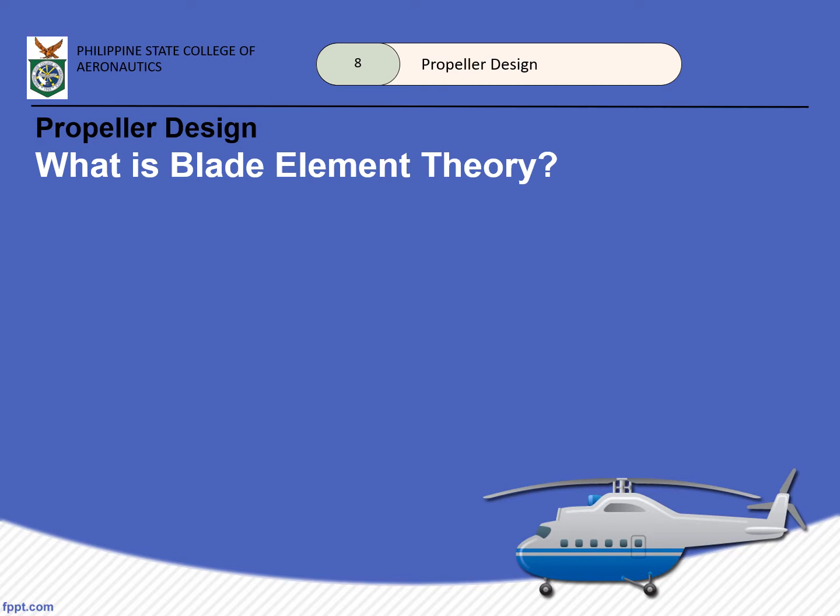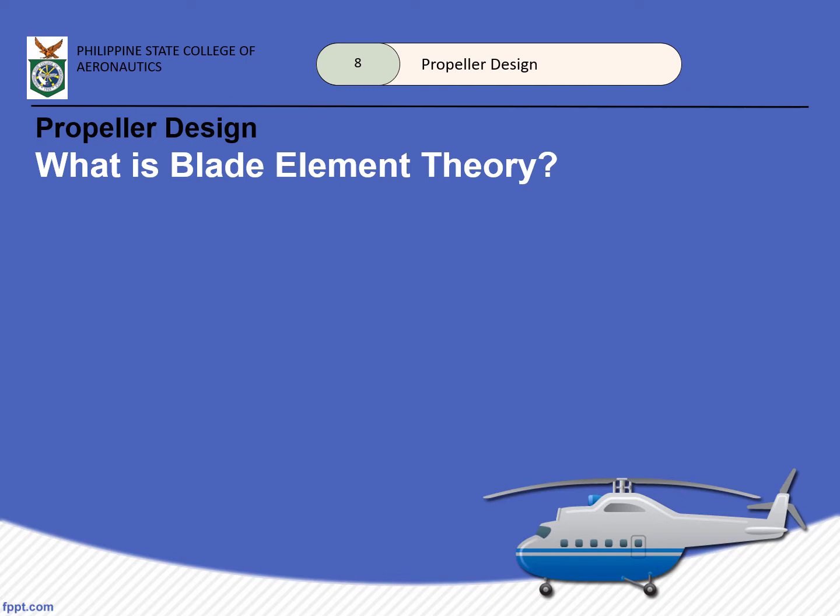So, the blade is divided into small sections for the blade element theory. These sections are handled independently of each other. Each blade has its own respective blade angle, its own chord, its own radius, and syempre other airfoil characteristics.